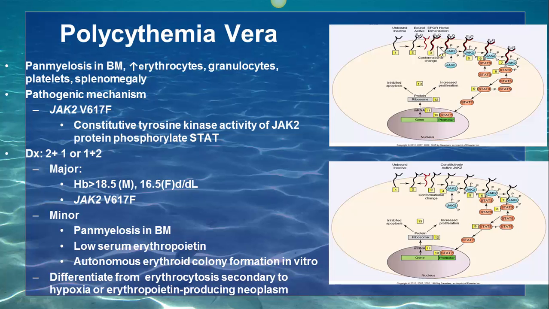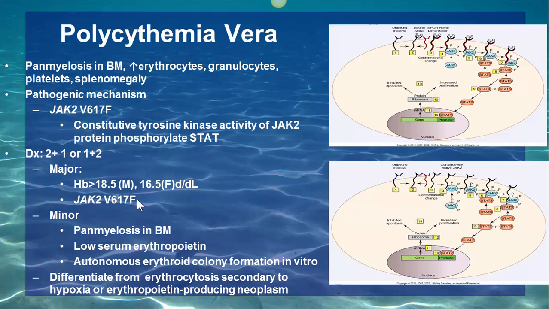The two major criteria for PV diagnosis are hemoglobin higher than 18.5 in males and higher than 16.5 grams per liter in females, and identification of the JAK2 V617F mutation, which means at position 617, valine is replaced by phenylalanine.